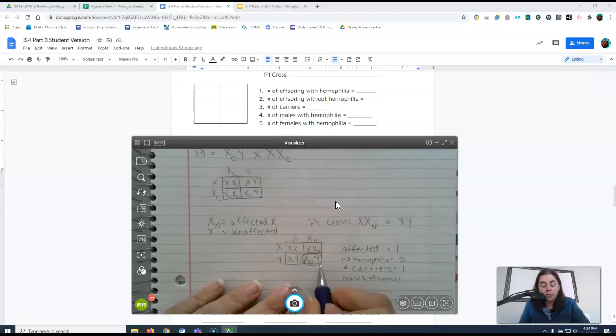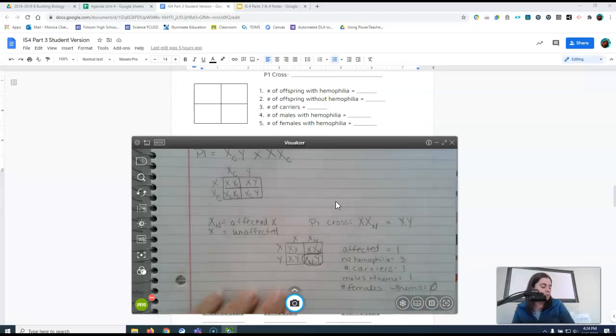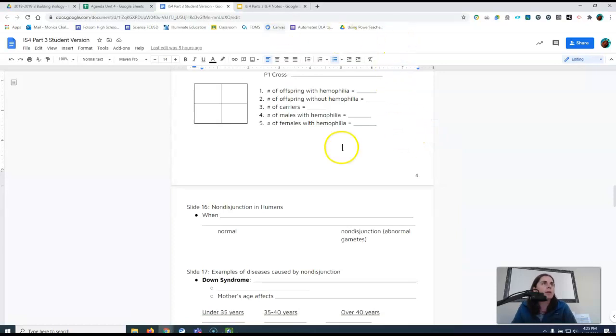That's going to be just this one here. And number of females with hemophilia is 0. No females have it. We have 1 carrier, that's why. Okay? Alright, so now we can go to non-disjunction.